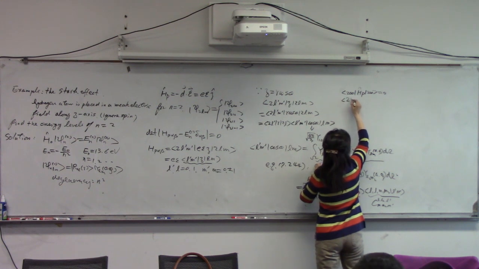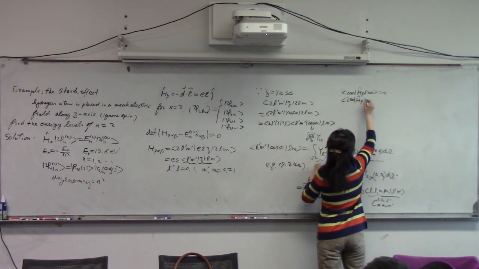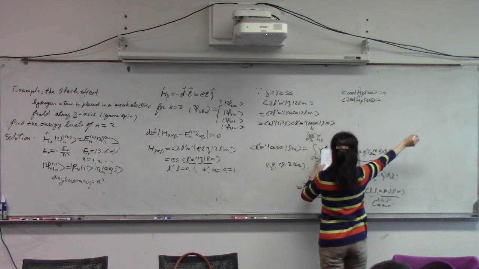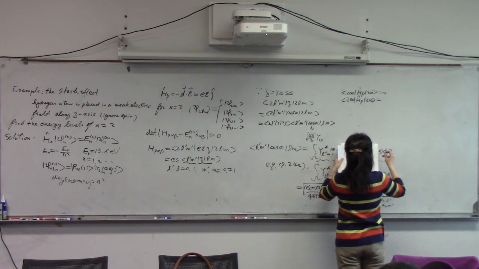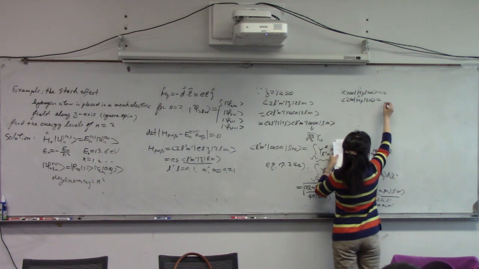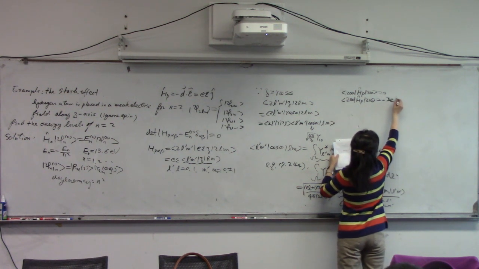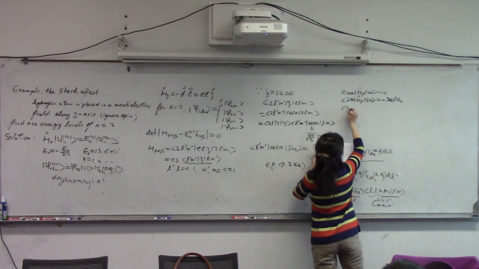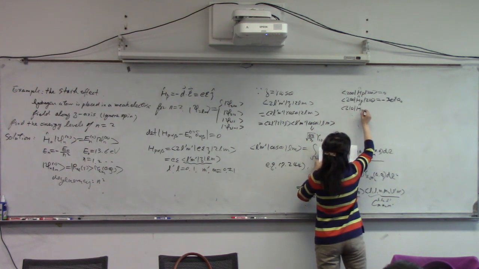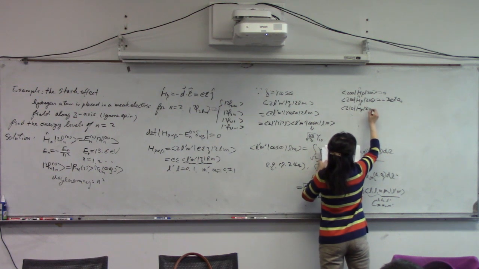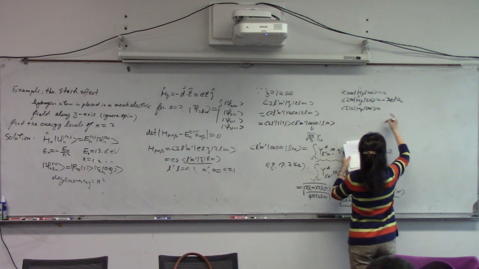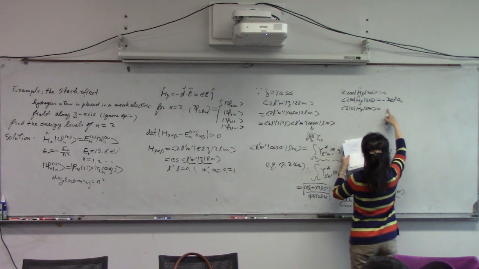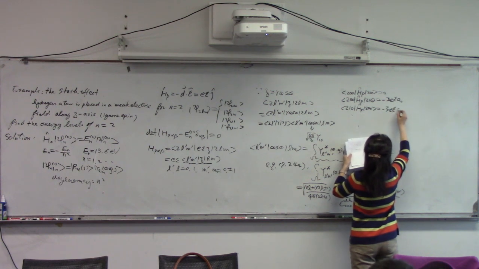And 200 H prime 210 is non-zero, which is minus 3 E actually A1. 210 H prime 200 is, okay, it's also minus 3 E actually A0.